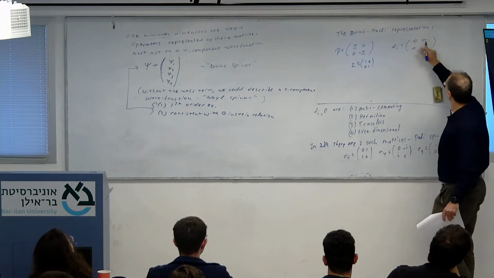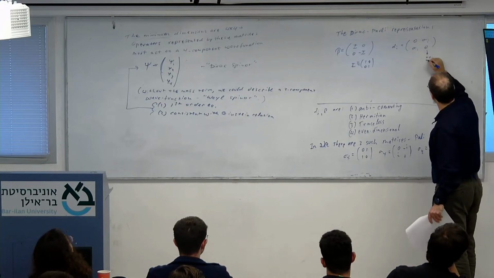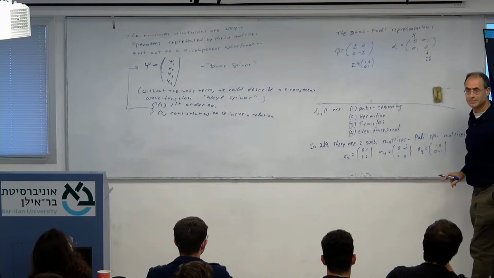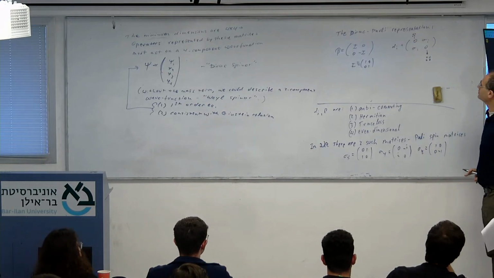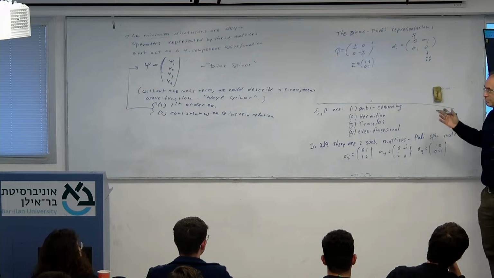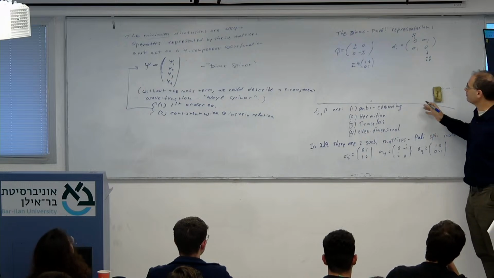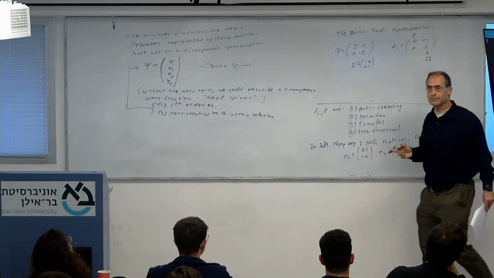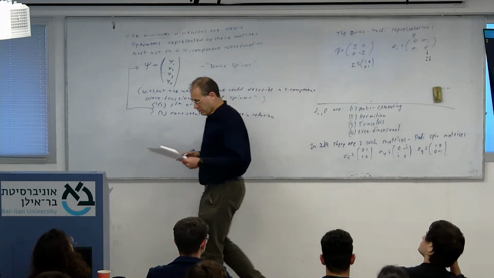When I say 0 here, this really means a 2x2 block of zeros. That's called the Dirac-Pauli representation for these matrices alpha and beta. But again, we can select other representations as long as they fulfill these conditions, and that's fine.